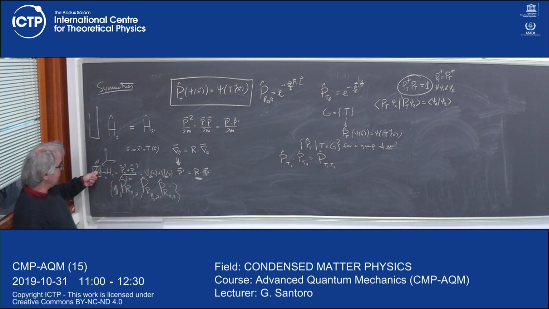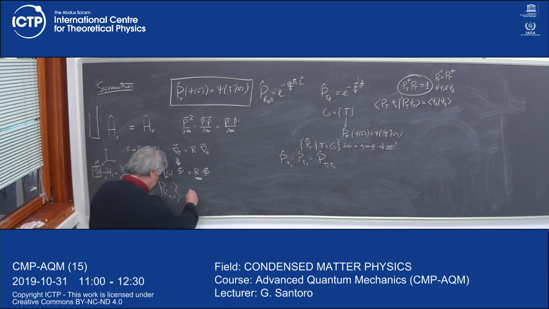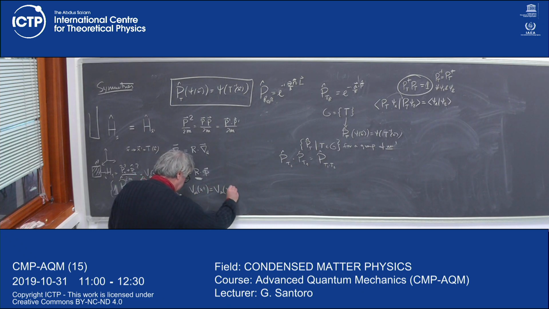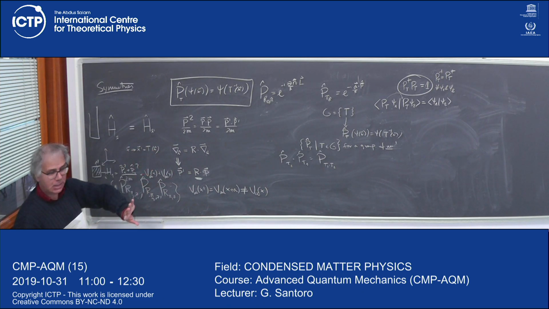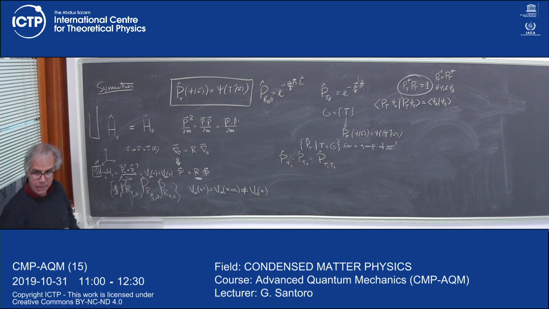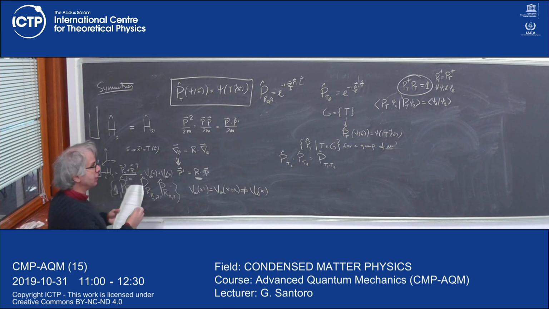This is pinned into 0, and obviously v infinity of x prime would be v infinity of x plus a, which is different from the infinity of x. I have to verify that in the new variables the potential is exactly the same and the kinetic energy is exactly the same. And it is not the same, although it's closely connected, but it's not the same. Is it clear? Good. So the symmetry group of this Hamiltonian is these 4 elements. Good. Second example.